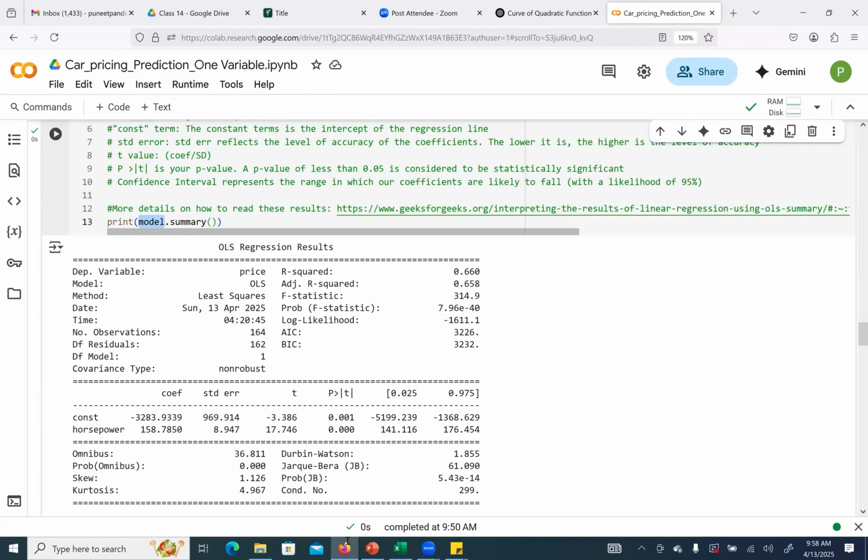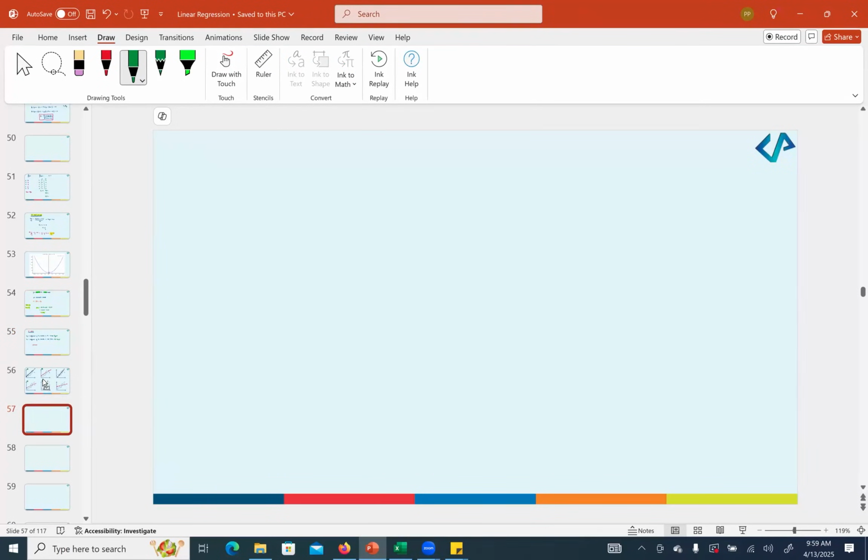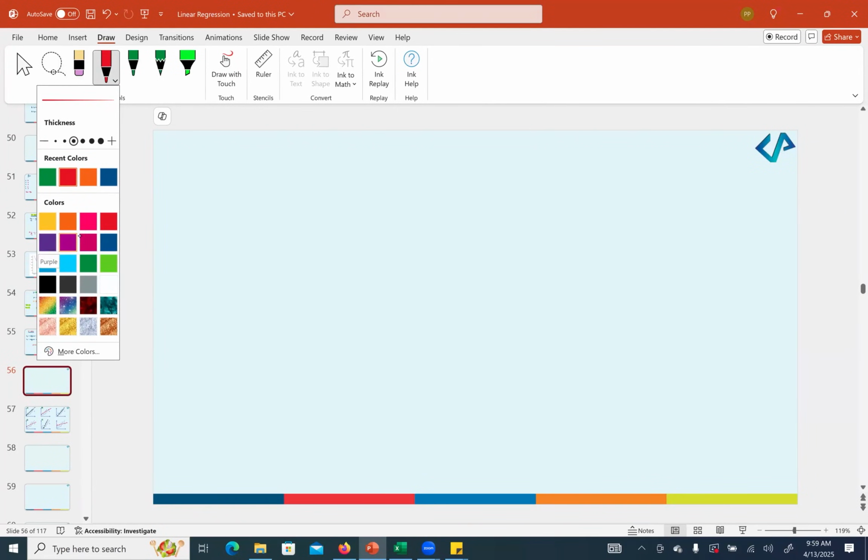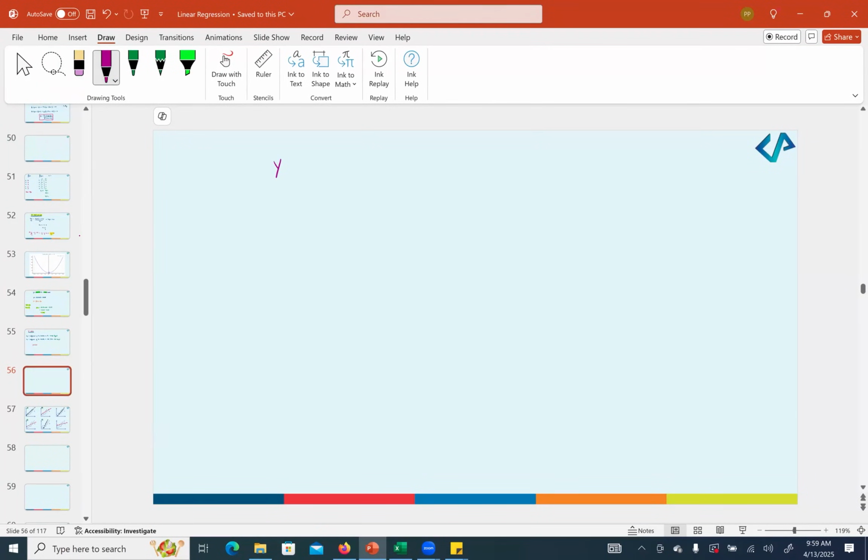What if it was 0? What if my hypothesis testing says that it can be 0? If it can be 0, then that variable is not important. Why is it not important? Just imagine Y is equal to beta 1 x1 plus beta 2 x2 plus beta naught.